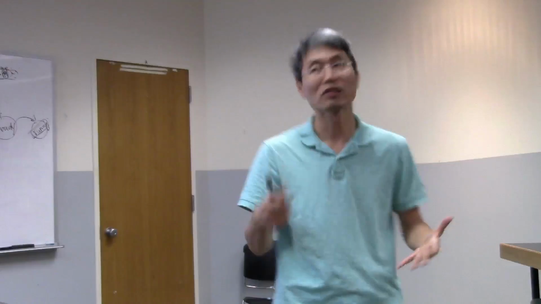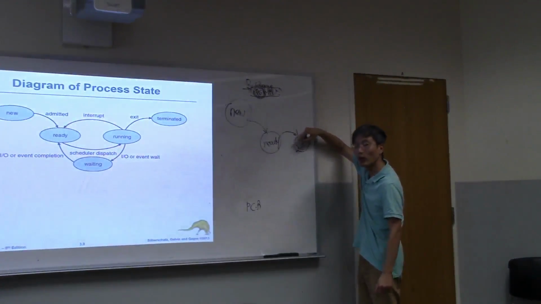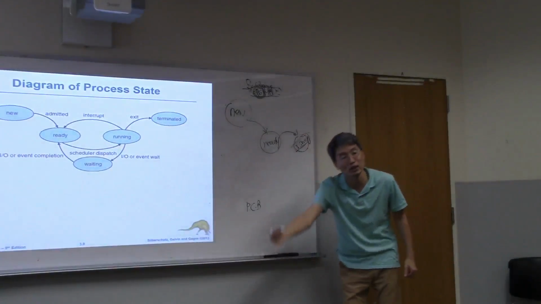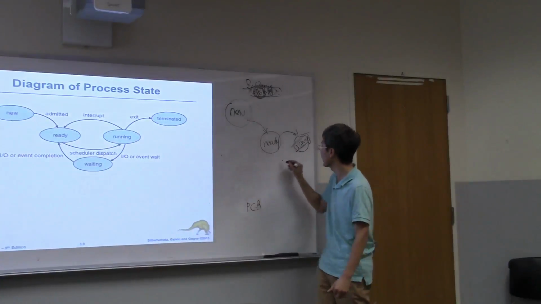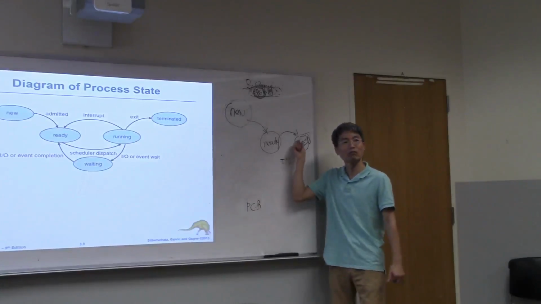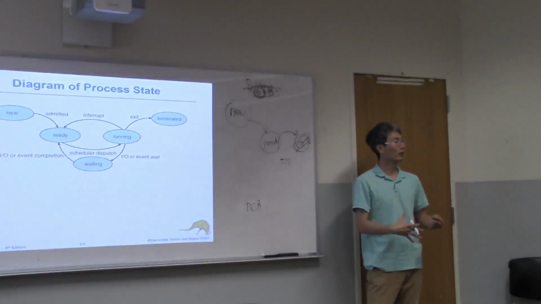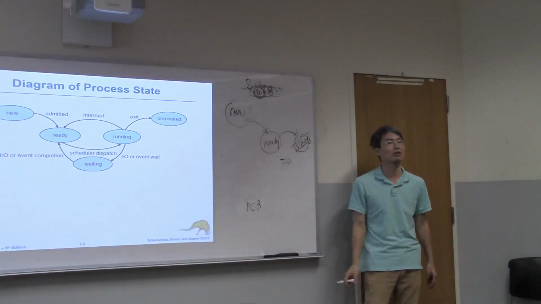So it's the same thing. When the running process needs to access the data, in other words, if it needs input and output, the CPU must wait until this point.